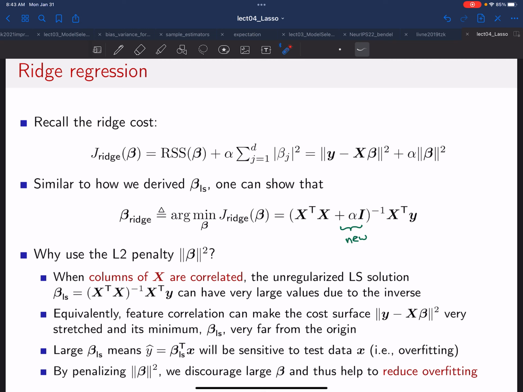So the question is now, in what cases would we be motivated to add this penalty? And it turns out the main motivation is when the columns of X are highly correlated. Let me give you just a visualization.